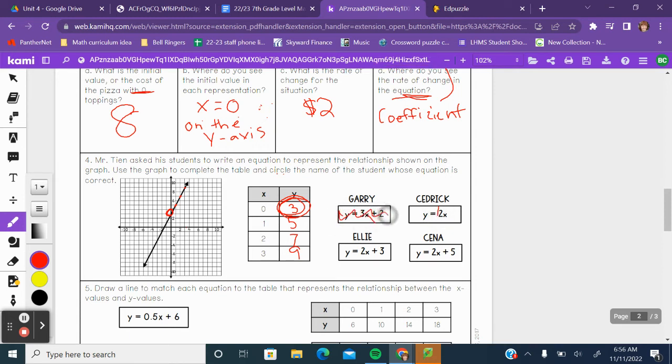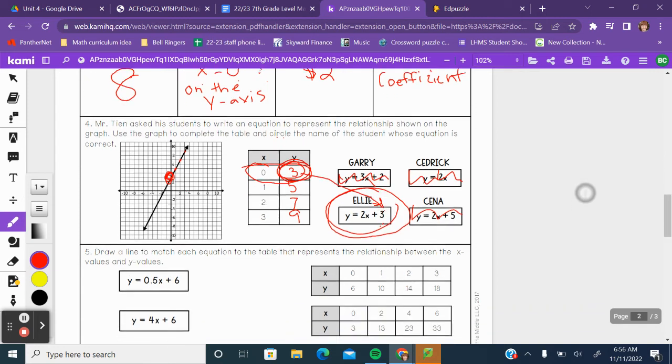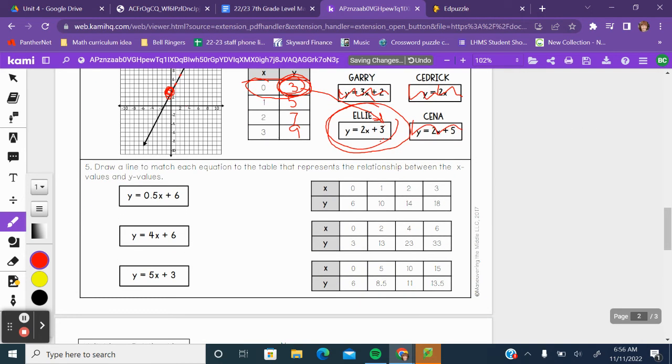Well, this one doesn't. This one doesn't. This one doesn't. This one does. Look, the 3 is at the end, the y-intercept, where it crosses the y, where x is 0. So that's our answer. Okay, we can do the same on this table.